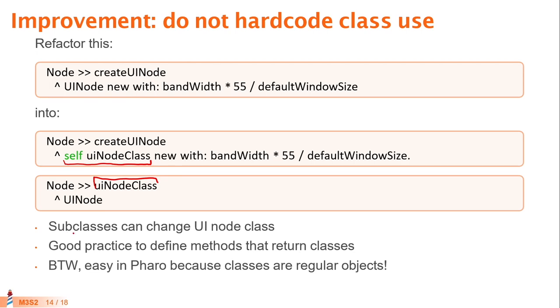So now subclasses just need to redefine the UINodeClass and not the whole expression. It's not mandatory to redefine createUINode, the whole method. So this is a good practice to define methods that return classes. It helps a lot extensibility in subclasses by redefining it. And it's really easy in Pharo because classes are regular objects, but this is not the case in all languages.